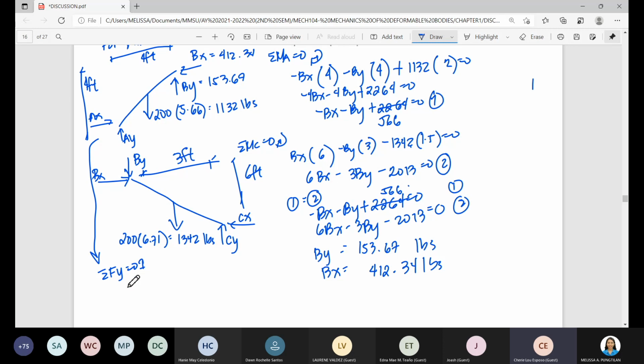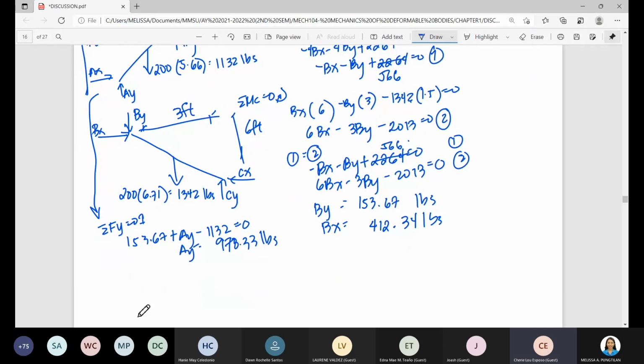So, we have 153.67 plus Ay minus 1132 is equal to 0. Therefore, Ay is equal to 978.33 pounds.